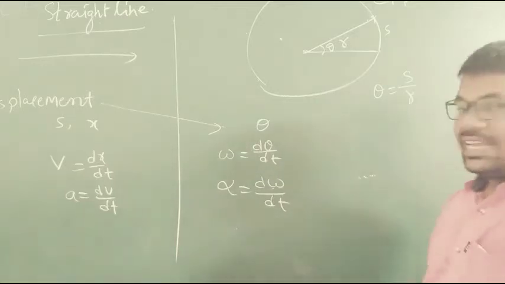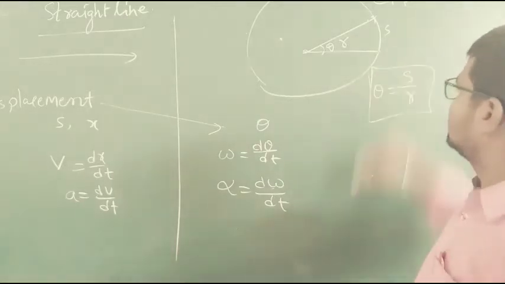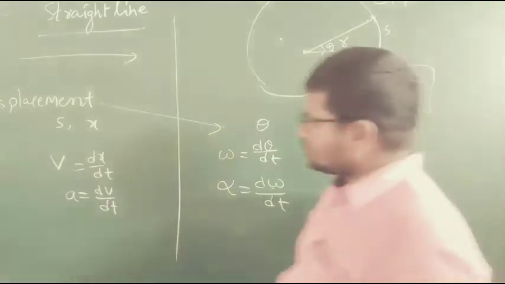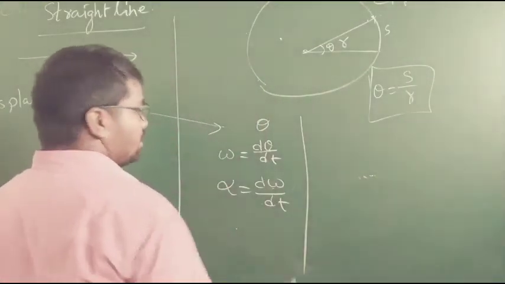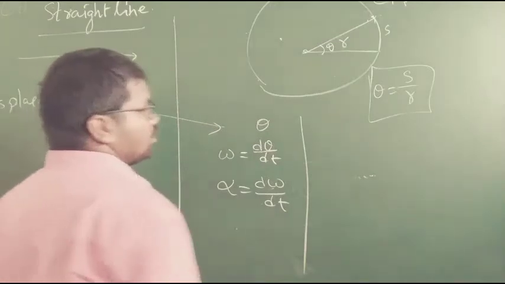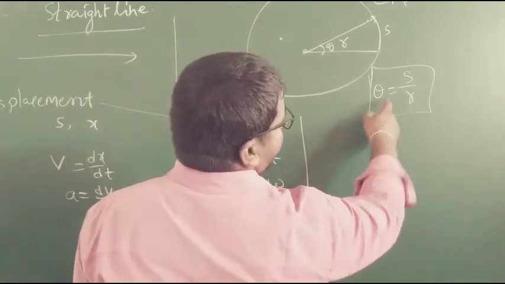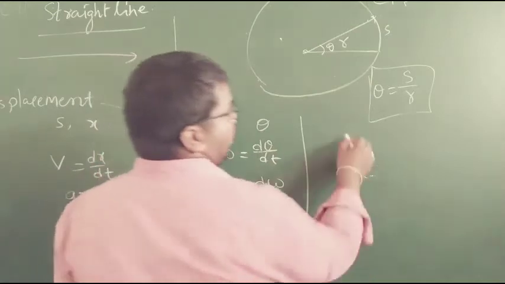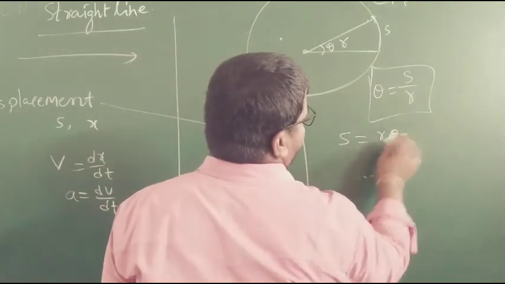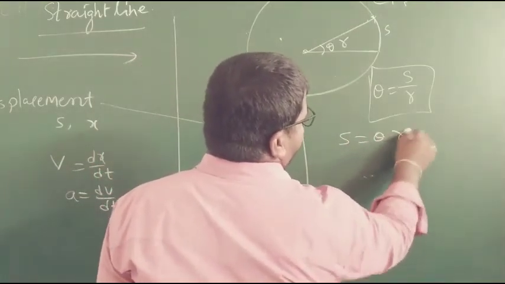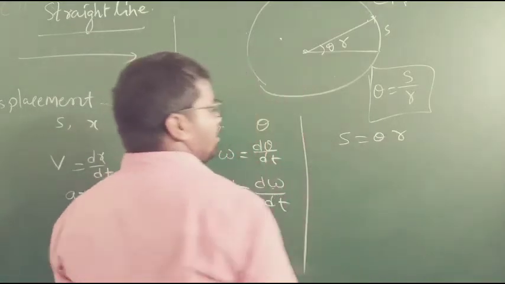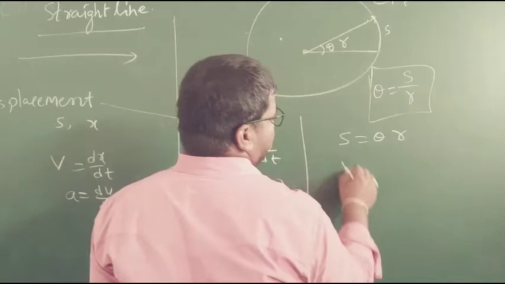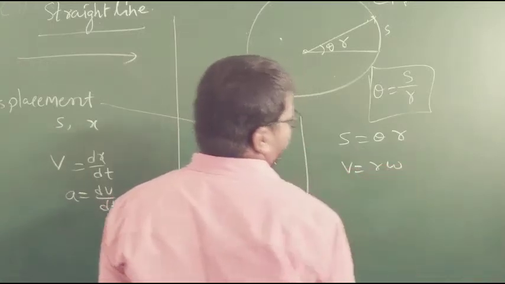So the relation between circular and linear motion: theta is equal to S by R, and S is equal to R theta. V is equal to R omega.